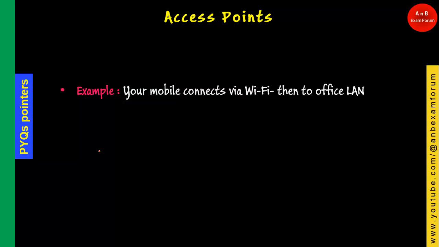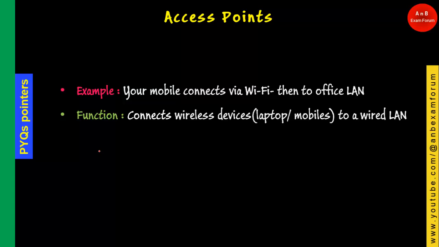The next is the access point. For example, you want to connect to the Wi-Fi, or the office LAN. Nowadays normally everybody uses hotspot and Wi-Fi. So basically we are connecting through access points. The access point's main function is that it is going to connect your wireless device, which can be a laptop or mobile, to the wired network, that is the wired LAN.